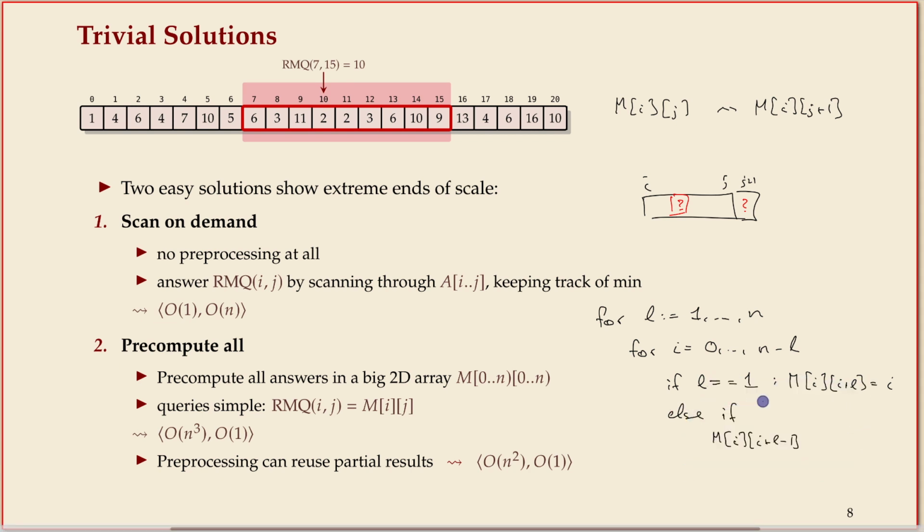Editing the code on the fly is maybe dangerous. So one option is this. The other option is j plus 1. I have two positions that I have to check: the position of the previous minimum and the new position that I'm adding into the range.